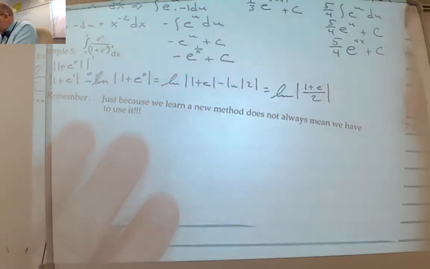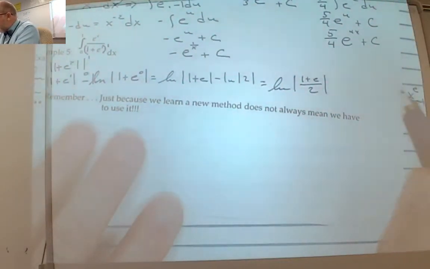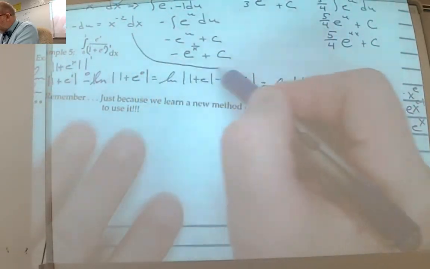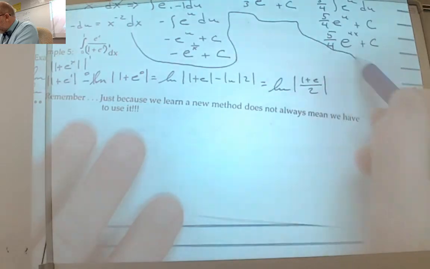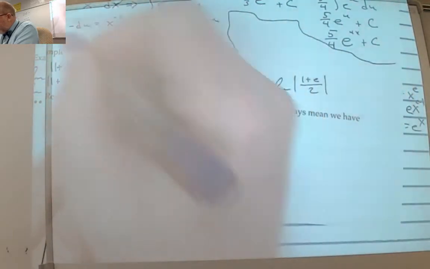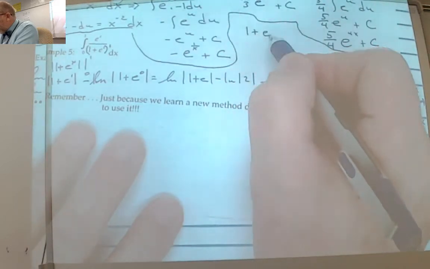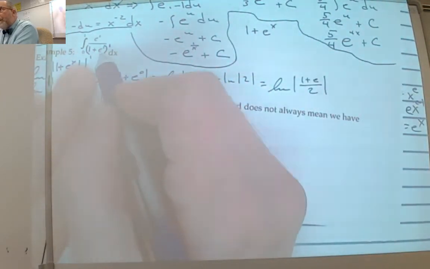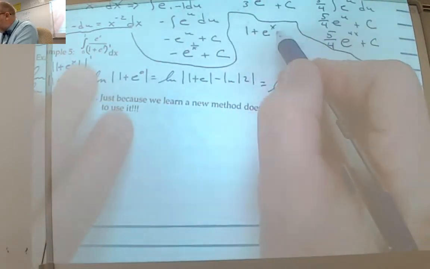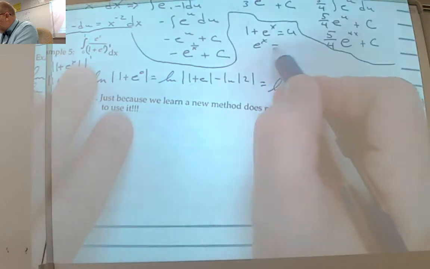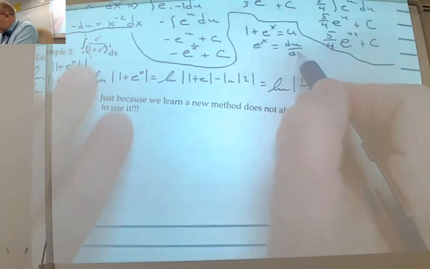If you didn't see that, you could have done this. I could have said 1 plus e to the x, because that's the most complicated part, the part inside parentheses, is equal to u. E to the x is equal to du dx.